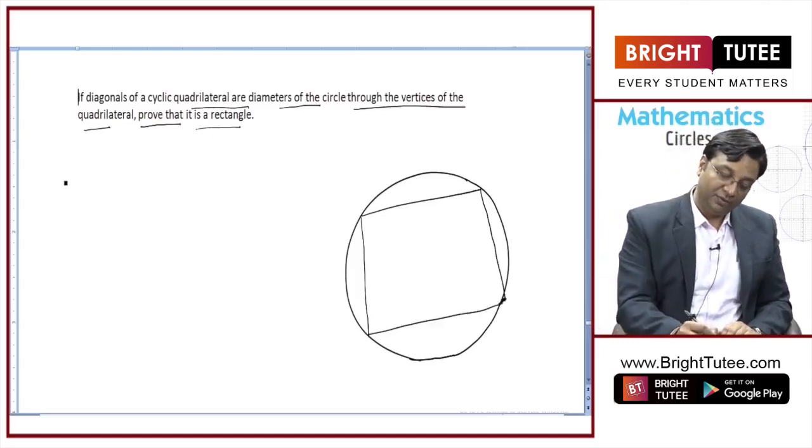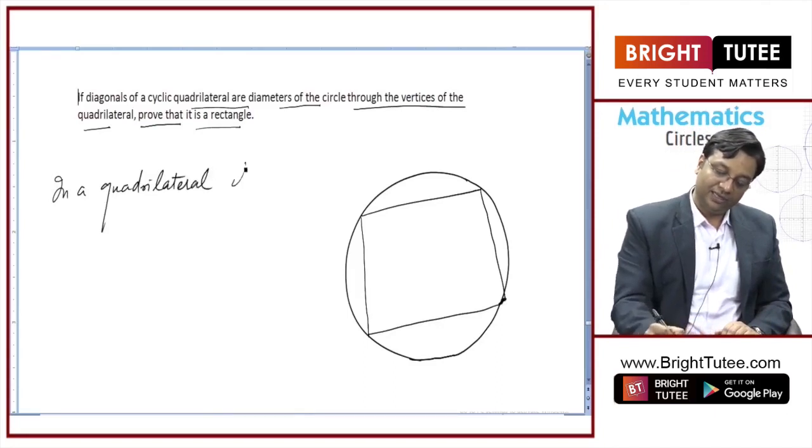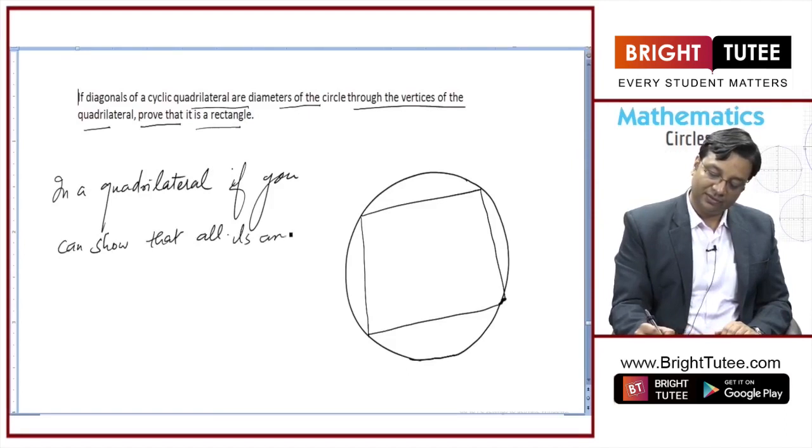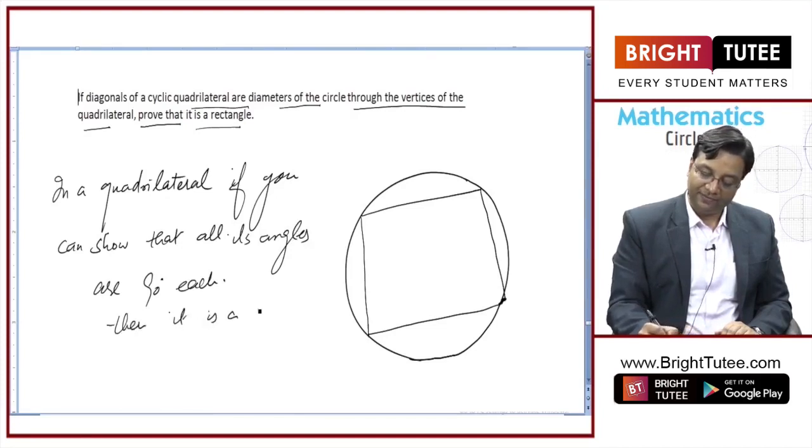So if you can prove in a quadrilateral, if you can show that all its angles are 90 degrees each, then it is a rectangle.